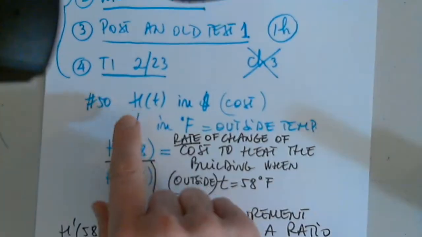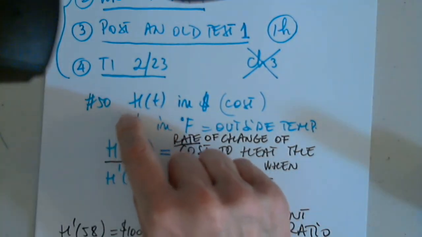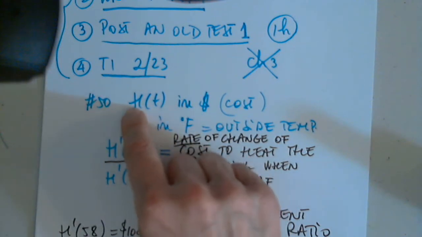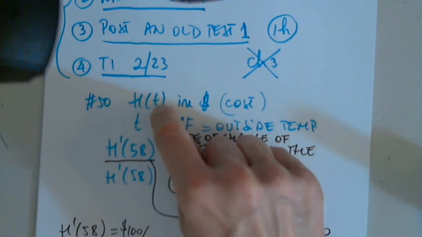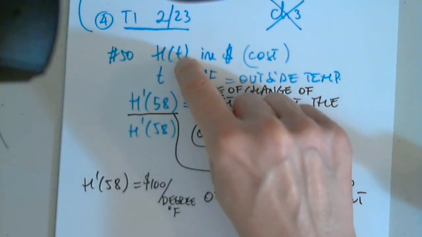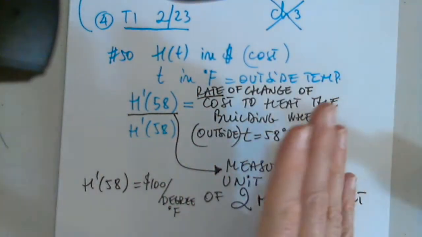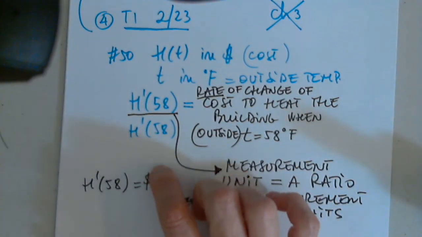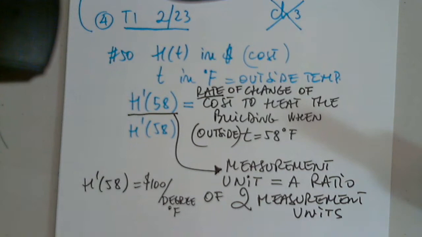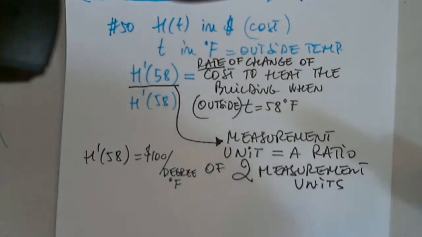So if the function is distance with respect to time, then I will say I'm driving at such and such with respect to time. But here is the cost with respect to temperature outside. So if it's $100 or whatever it is, in dollars per degree Fahrenheit. Any questions?